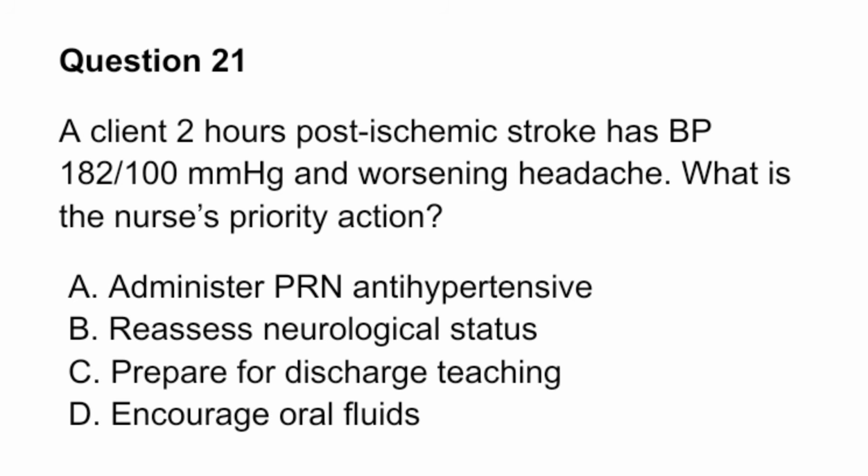Question 21. A client 2 hours post-ischemic stroke has BP 182/100 millimeters of mercury and worsening headache. What is the nurse's priority action? A. Administer PRN antihypertensive. B. Reassess neurological status.